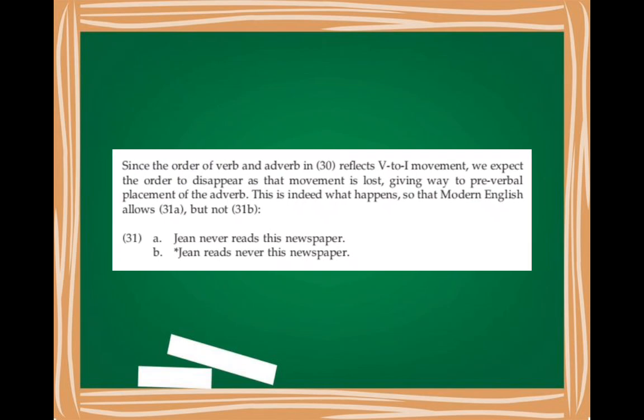Since the order of the verb and adverb in 30 reflects V to I movement, we expect the order to disappear as that movement is lost, giving way to pre-verbal placement of the adverb. This is indeed what happens, so that modern English allows 31A but not 31B. So here in 31A, Jean never reads this newspaper, while in 31B, Jean reads never this newspaper.